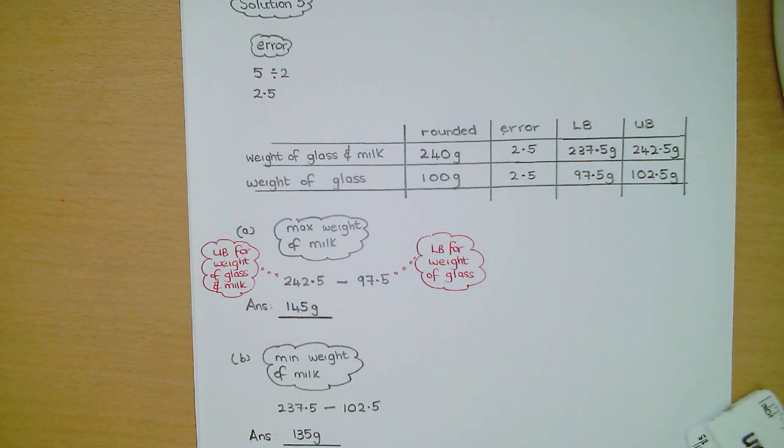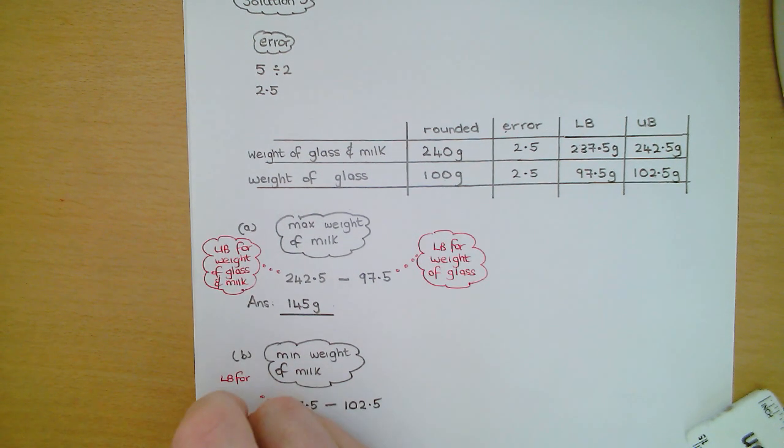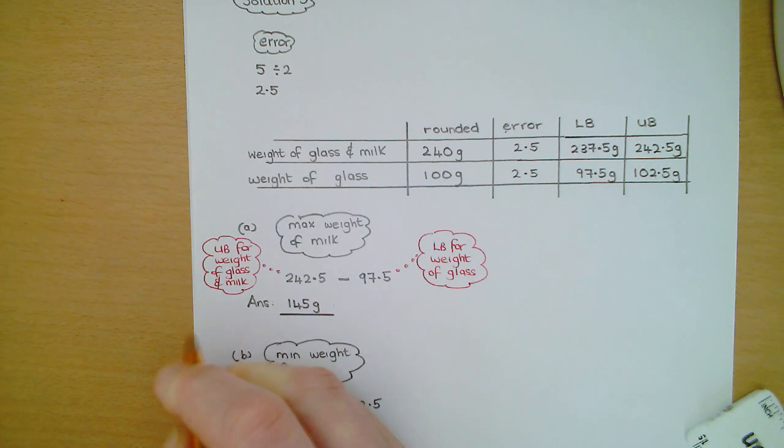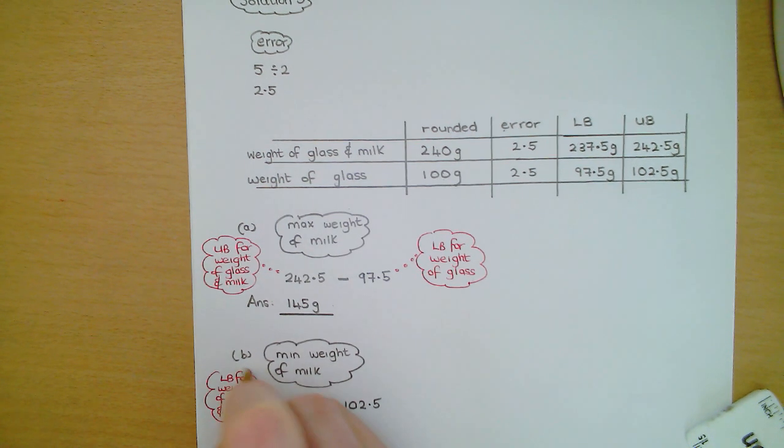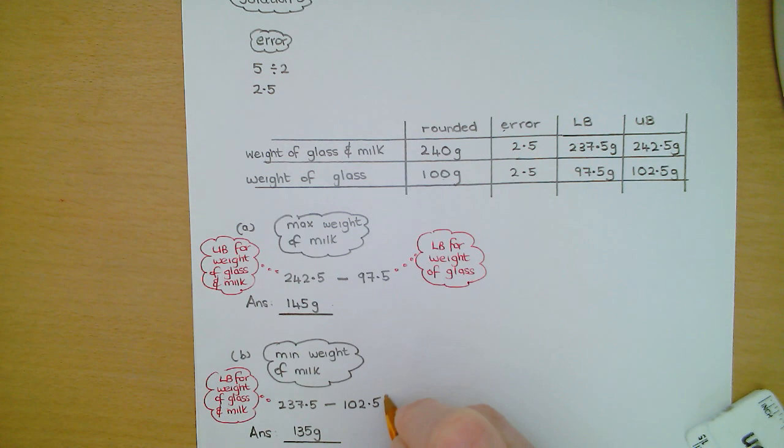Okay, so in that situation we had to use the lower bound for the weight of the glass and the milk, and we're subtracting the upper bound for the weight of the glass.